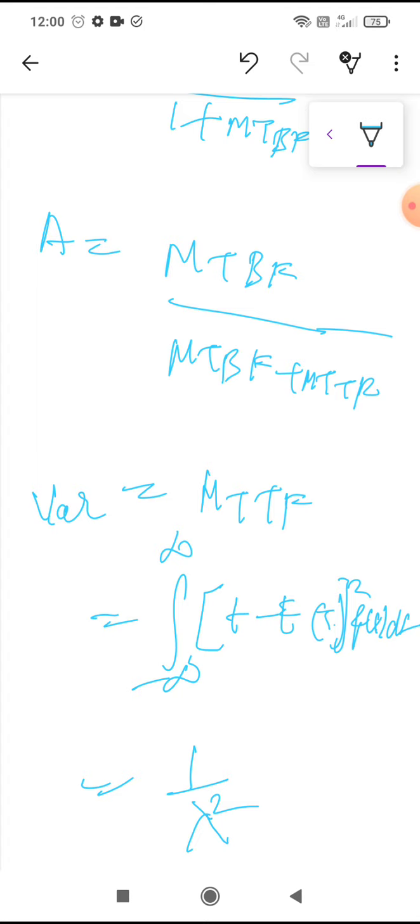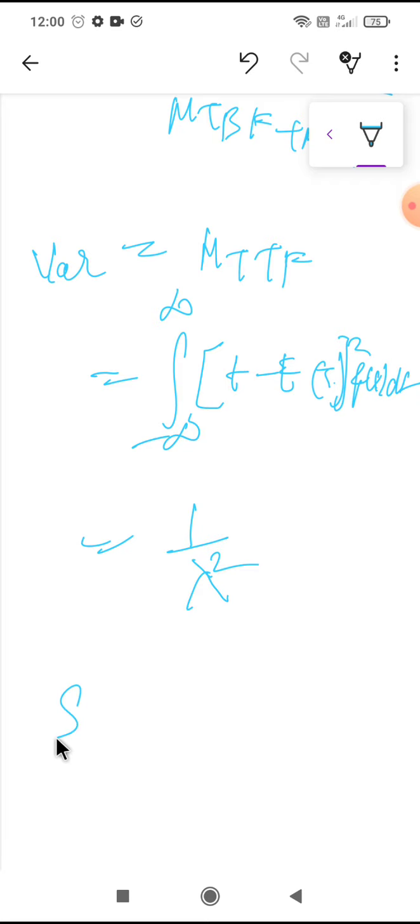So in applications we prefer using standard deviation, that is SD. Standard deviation is equal to the square root of variance. Since it has the same unit as t, generally the standard deviation is used together with MTTF.